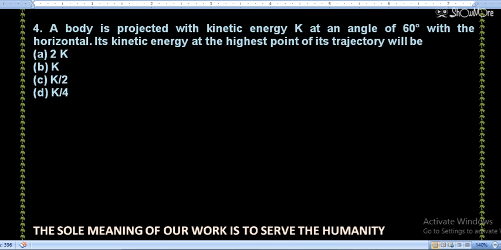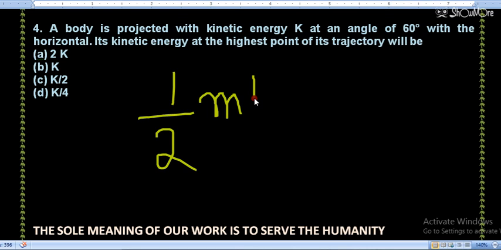Now for the second case we have to take the kinetic energy at the highest point. At the highest point we have half m into the velocity at the highest point squared. The velocity at the highest point is u cos theta, and theta is 60 for the given question.